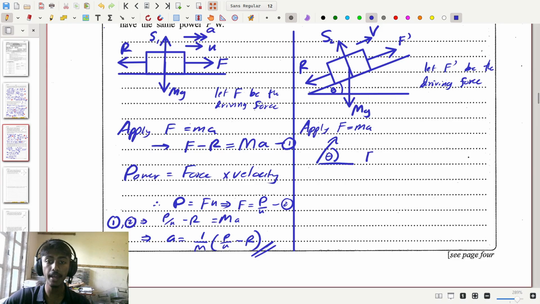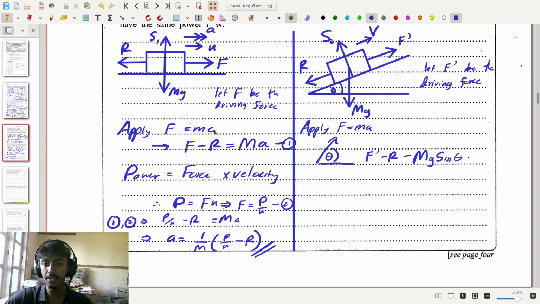So I have F dash minus r minus a component of mg. If this angle is theta, then this angle is pi by 2 minus theta, and therefore this angle is theta, and the side we want, opposite to this angle theta, gives mg sine theta. So we have F dash minus r minus mg sine theta.